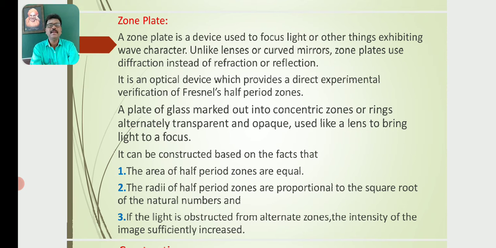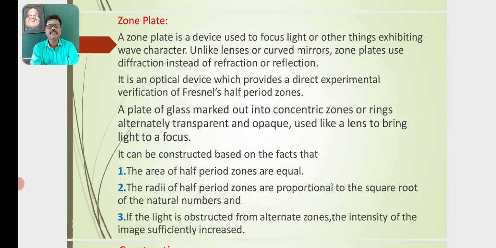What we discussed in the previous class, in case of Fresnel's half-period zones, the radius is directly proportional to the square root of the natural number. So for the construction of zone plates, the radii of half-period zones are proportional to the square root of the natural numbers.